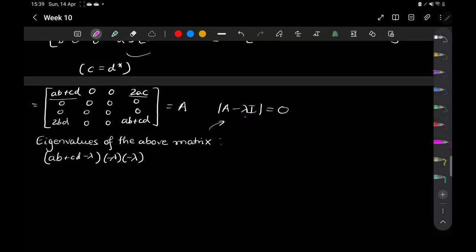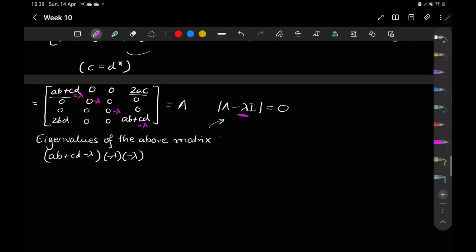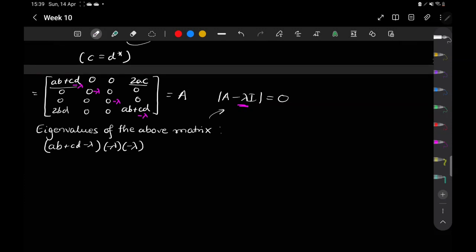So when you add this minus lambda I, what you will get is minus lambda, minus lambda, minus lambda, and minus lambda. And then expanding by this 2AC.